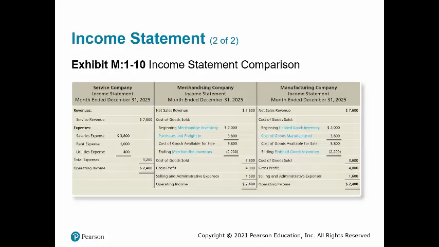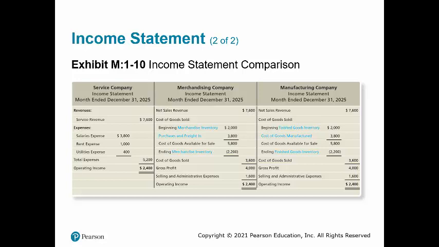is different. So in this slide, we are comparing the income statements of the service companies to the merchandising and manufacturing companies. As we said in the previous slide, only period costs are shown in the service company income statement. However, in the merchandising company, we now see the calculation of cost of goods sold.